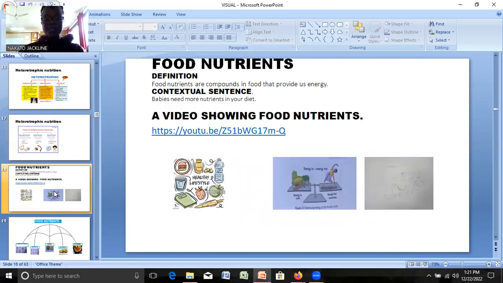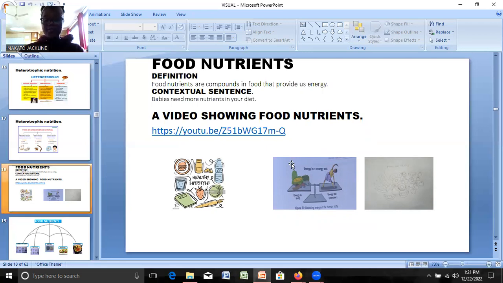The other thing is about nutrients. The other keyword is nutrients. These are compounds in food that provide us with energy. So in the food we eat, we need to have some nutrients in our bodies.